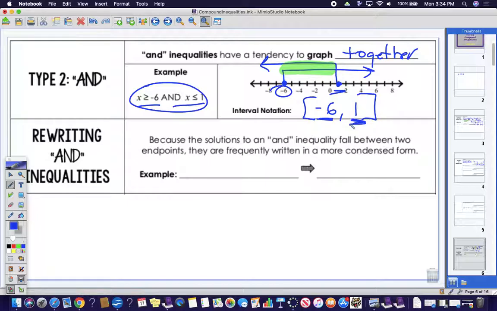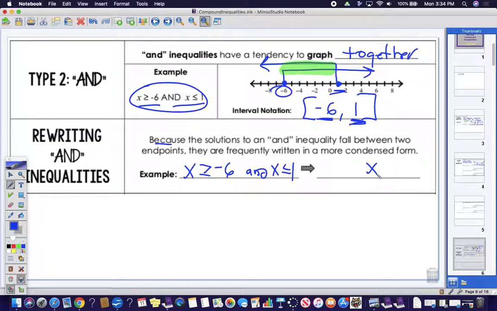Rewriting and inequalities. Because the solutions to an and inequality fall between the two endpoints, they are frequently written in a more condensed form. For example, if I have x is greater than or equal to -6 and x is less than or equal to 1, there's a simpler, condensed way we can write this. We put the x right in the middle.